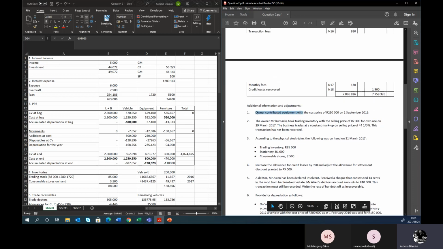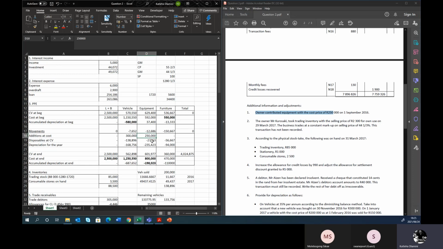The owner contributed equipment with a cost price of 250 on the 1st of September 2016. Immediately, without any calculation, you will add that equipment here. So that's 2.5, you're going to add it over there. I want to make them a different color as you complete them. I'll make it blue now. It doesn't show well. Red.